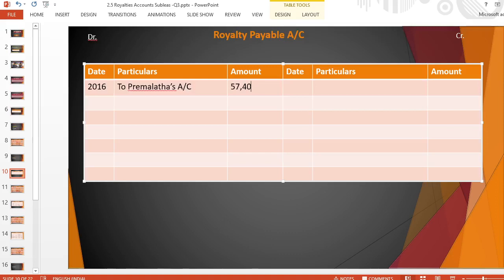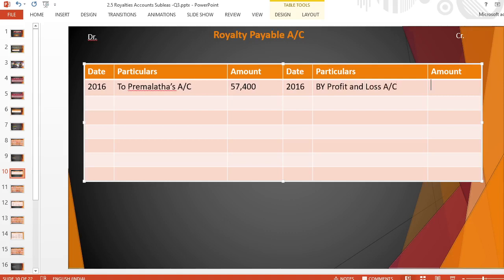And the credit side, 2016, of course, transfer of royalty to profit and loss account, because the royalty is calculated based on the sales and not on the manufacture. It's based on the sales, so we have to transfer the balance to profit and loss account.